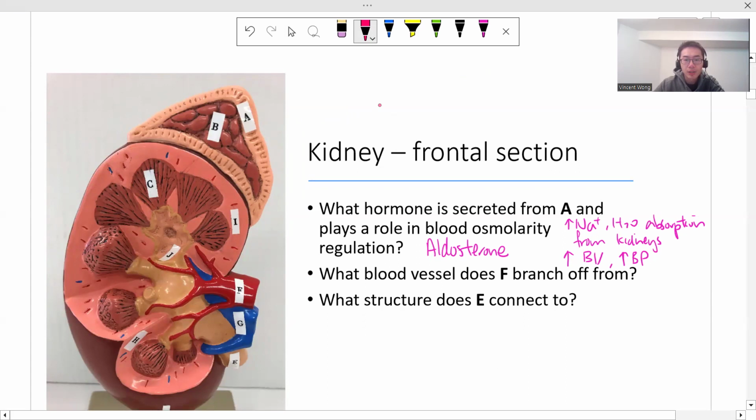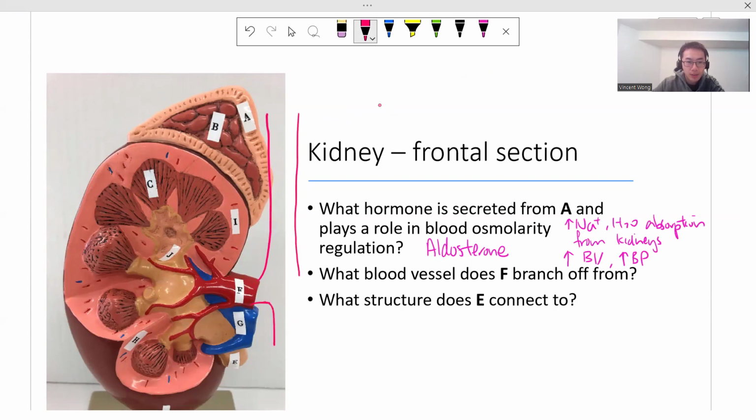What blood vessel does F branch off from? F is the renal artery. So what blood vessel is this one? What does it say there? Yep, that is the abdominal aorta. Very good.